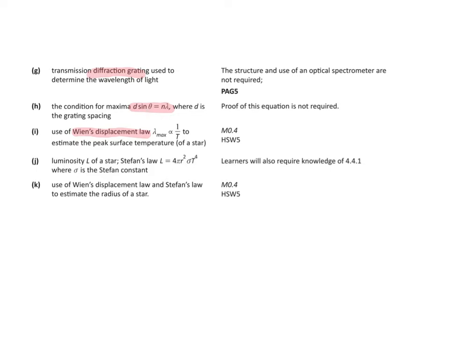We'll also look at the luminosity of a star, how it's linked to the temperature of a star and Stefan's constant. And we will be able to use a combination of both Wien's displacement law and Stefan's law to find the radius of a star, since it's involved in one of these two equations. So this is lesson 3 for the stars, chapter 19.